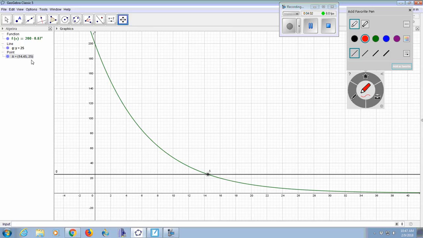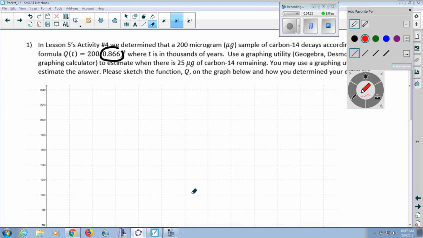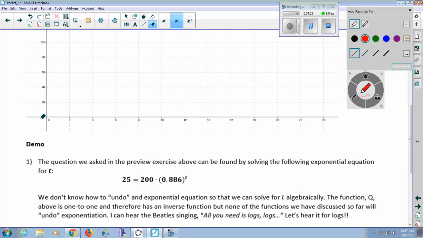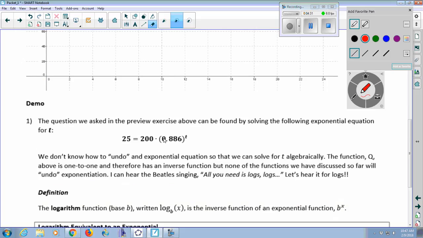Okay. So this is all we have available to us right now. If we have a problem that's exponential, and we're trying to solve for the variable that is now an exponent or a power, we haven't reviewed yet how to undo an exponential. So this is the only resource we have right now, to use a graph to estimate.